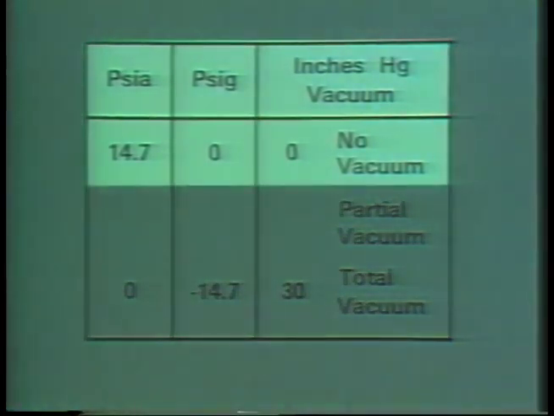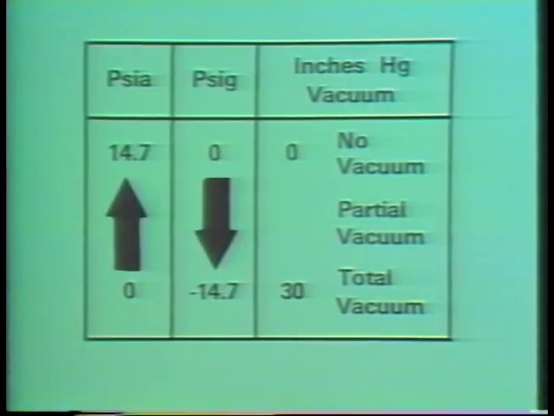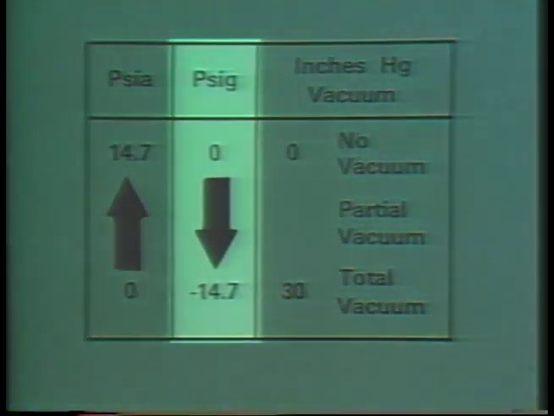We've already established atmospheric pressure at 14.7 psia, or 0 psig. If pressure drops below 14.7 psia, or 0 psig, a partial vacuum exists, and pressure in psig becomes negative, ranging from 0 to negative 14.7.